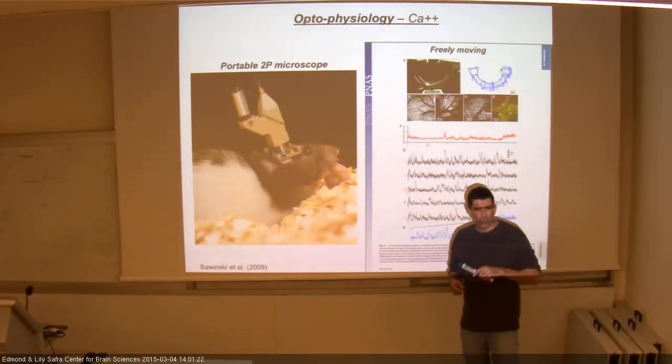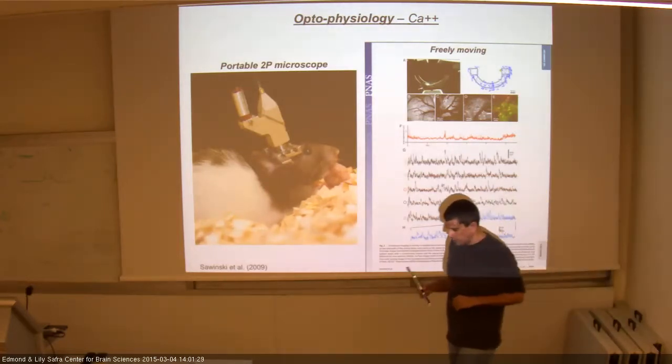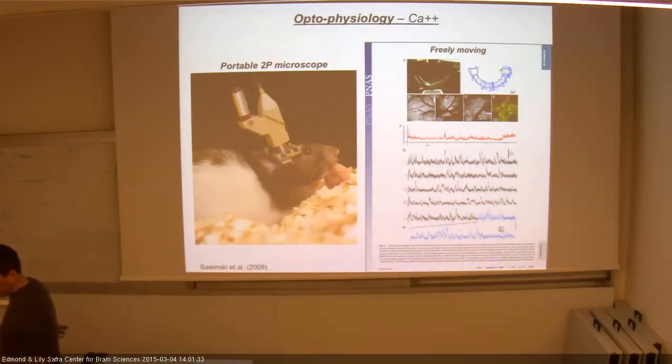What is the temporal resolution of the calcium imaging? It depends how many neurons you want to image. If you want to image a handful of cells, you can go pretty high. You can go up to 1 kilohertz, but not many people do kilohertz imaging.